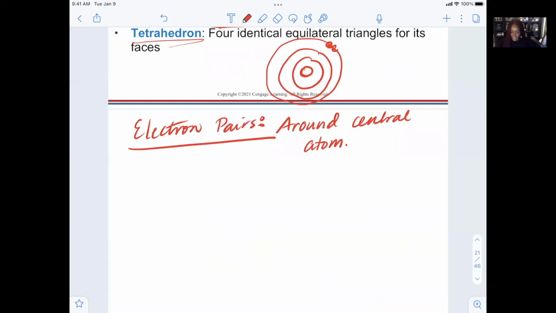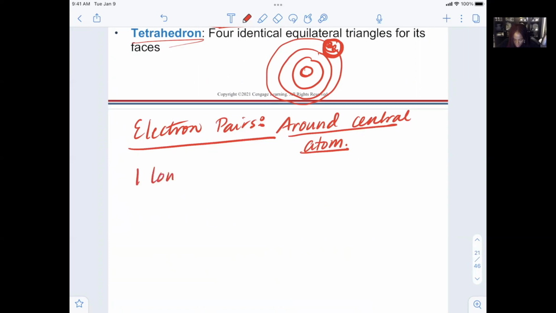So in my head, I'm thinking, wait, didn't I just say these electrons were located in the valence shell? Yes. In one atom, when you're looking at an individual atom, the electrons are housed in the valence shell, almost on the surface of the atom, right? Very close to the surface. But you have one atom's valence electron repelling another atom's valence electron. That's what we're talking about here. So atom on atom repulsion due to the electrons, right? Valence electrons. Okay. So electron pairs around the central atom, this is how we're going to be looking at it.